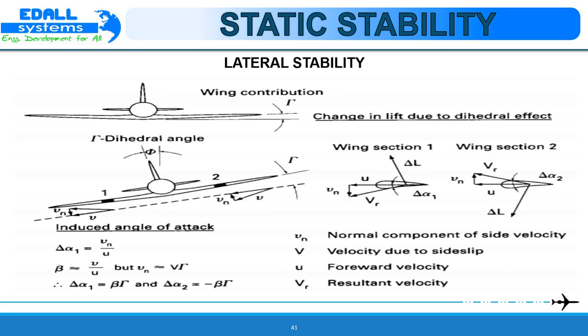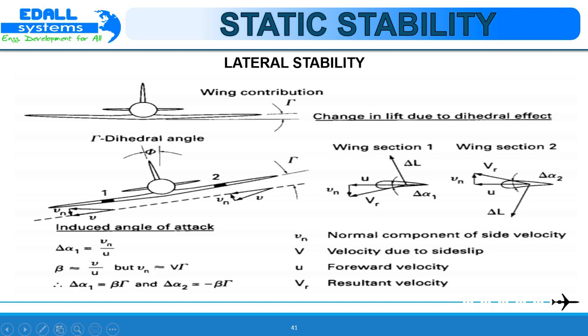If we resolve the side slip velocity component into component along the normal to the wingspan, the local change in angle of attack can be estimated as delta alpha is equal to Vn by U, where Vn is equal to V sine gamma. The approximate side slip angle is beta equal to V by U, but Vn is equal to V gamma.